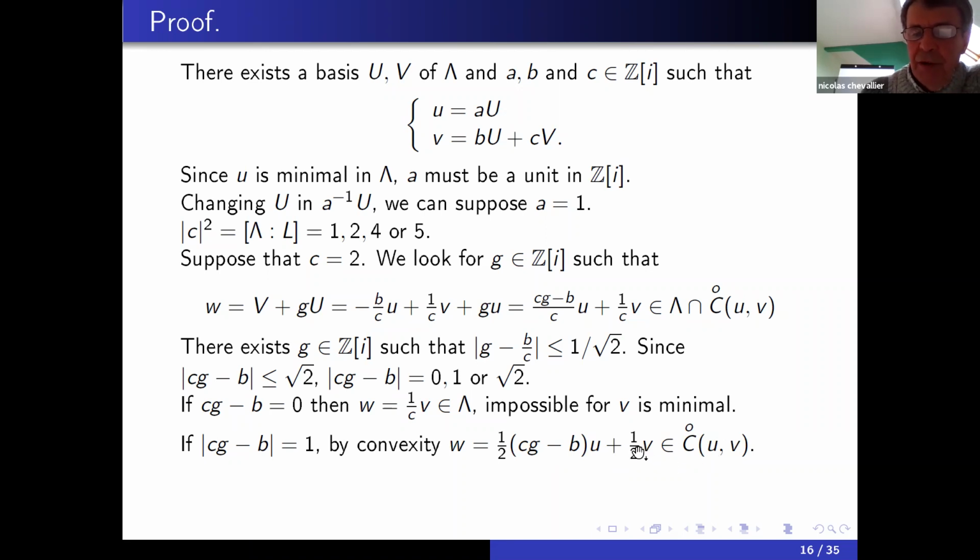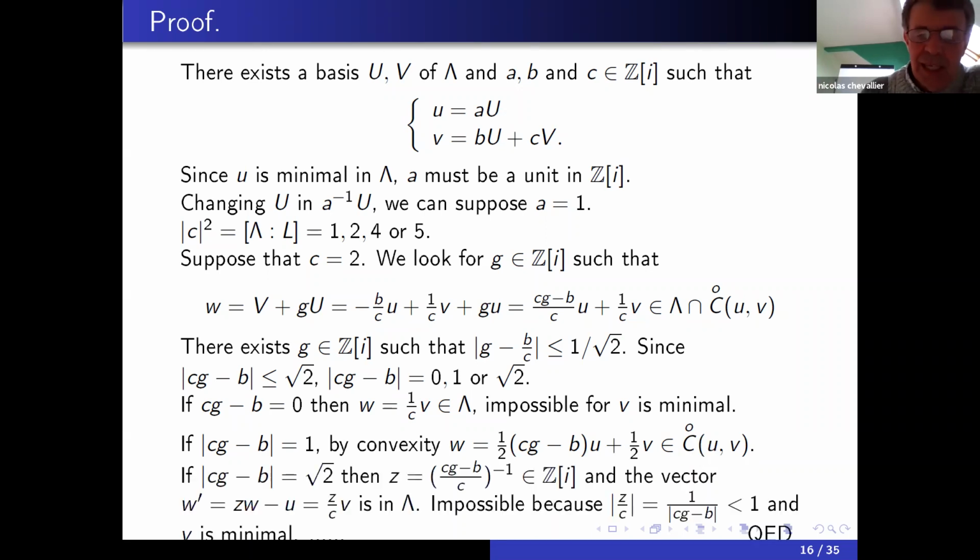And so you have the middle of 2 points of this cylinder, but one of the points is on the lateral side and the other point is on the upper side, and this means that the middle is in the interior, so this is impossible.